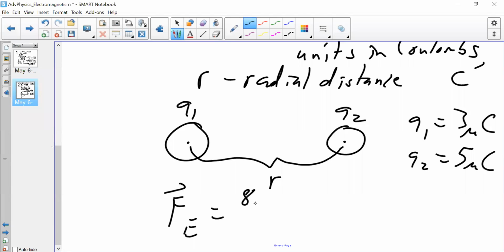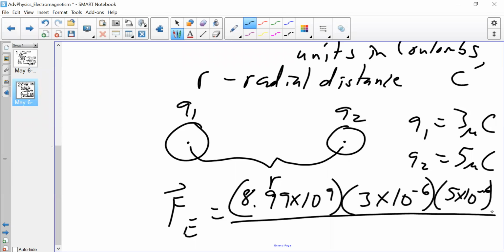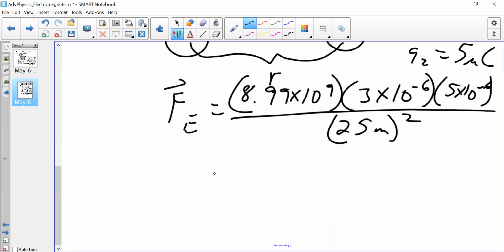So, 8.99 times 10 to the 9th. You can do this yourself if you wish, and the micro is this. And then say the radial distance is 25 meters. Let's just get a little answer here on our made up problem.